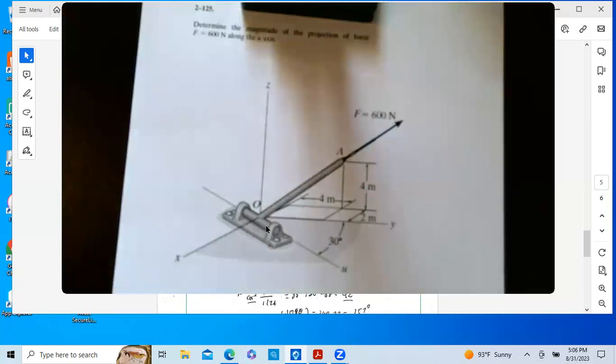We have a piece of equipment, and we have an 800 Newton force applied to this arm out here. It's a tension force, and what we want to know is the projection of this force down here on the U-axis.